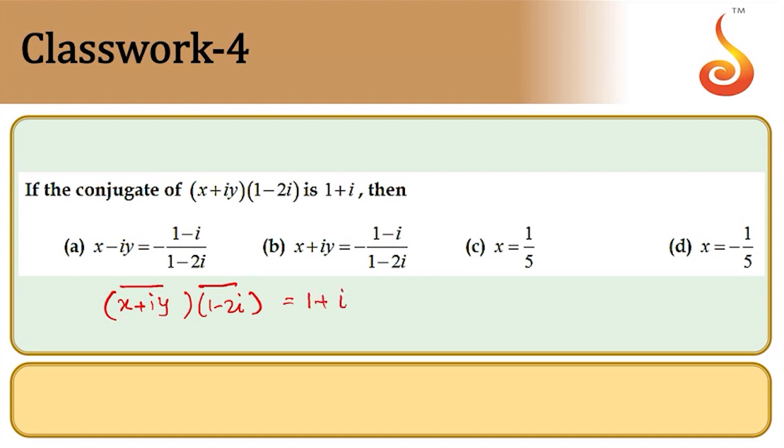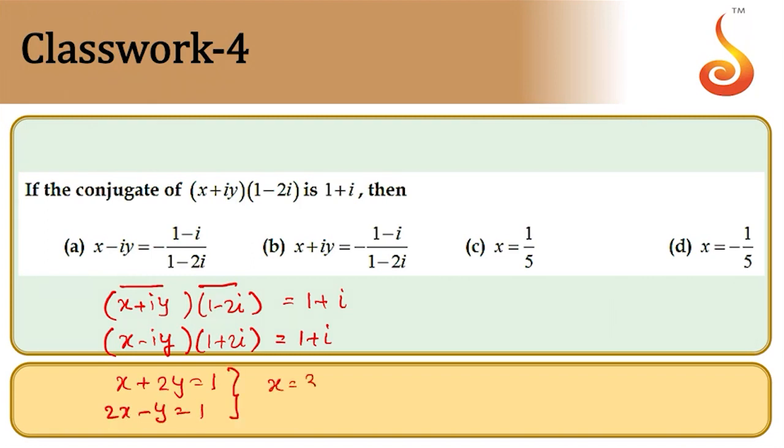If we take the conjugate and multiply, it means x minus iy into 1 plus 2i is equal to 1 plus i. From this we get x plus 2y is equal to 1 and 2x minus y is equal to 1. If we solve, we get x is equal to 3 by 5 and y is equal to 1 by 5.